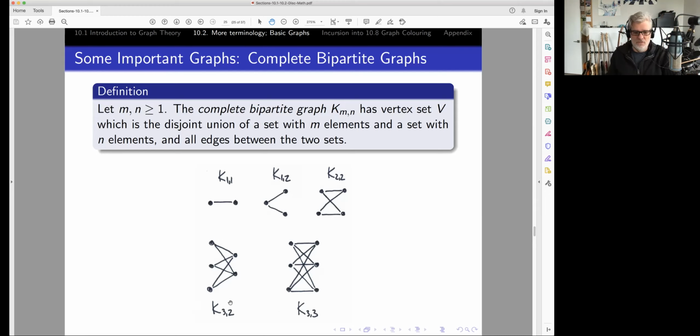K_{3,2}, for example, has three vertices on one side, two vertices on the other, and all the edges connecting these two pieces. So it's obviously bipartite, and it has the most edges you can, because if you add an edge in there, you're going to destroy the fact that it's bipartite.